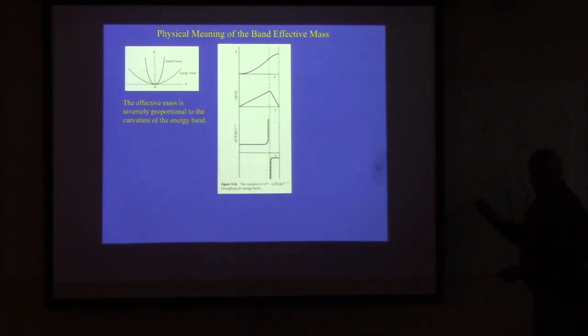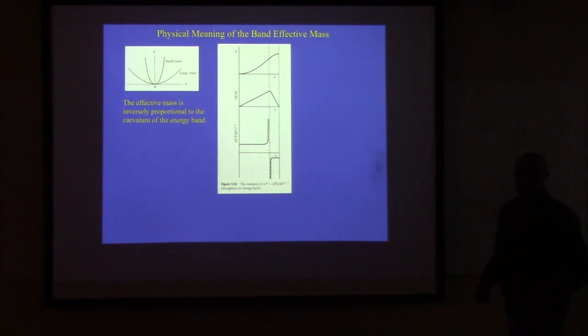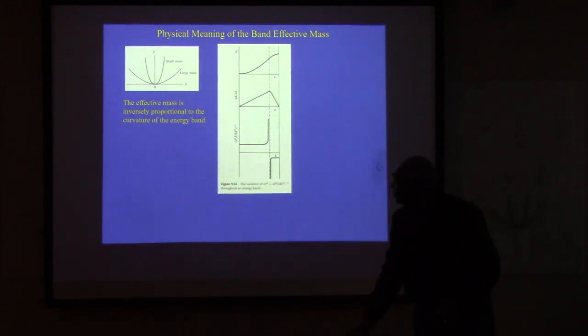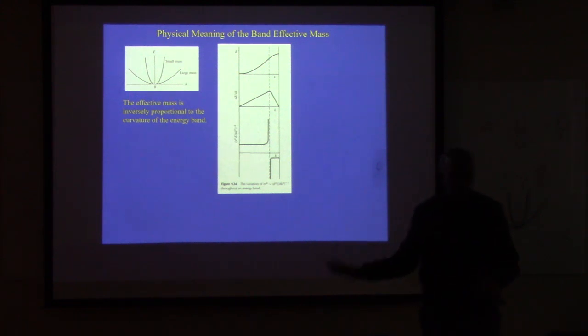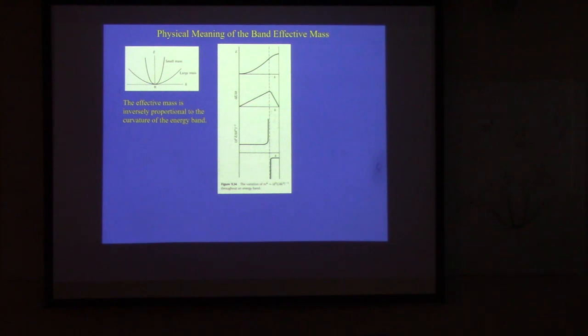If you are here, you have one effective mass. If you are here, you have a different mass. Also, if it is like this, then your mass sign also changes, right? That's why we are going to introduce electrons and holes. So that's the last thing I want to do. I think next class I'm going to finish this chapter. Then we'll start with semiconductors. Okay.